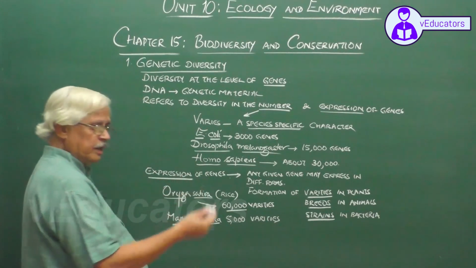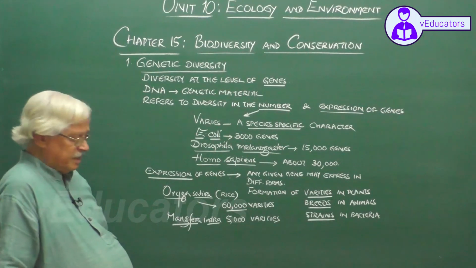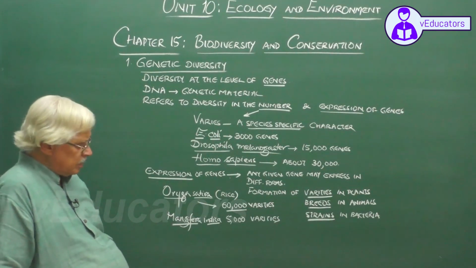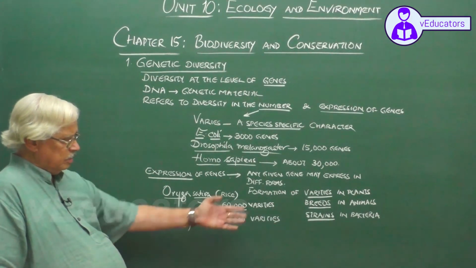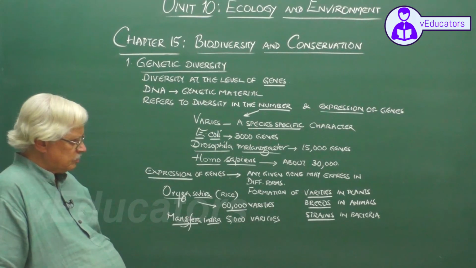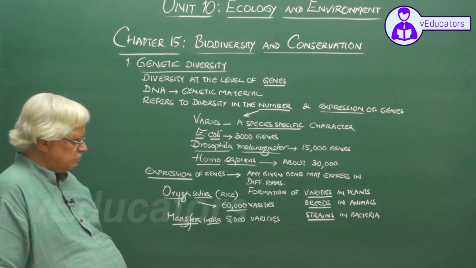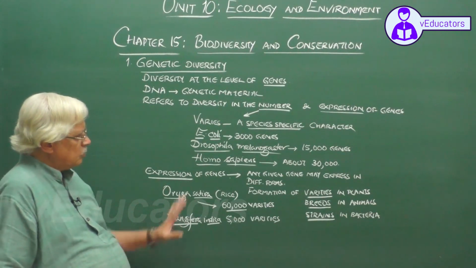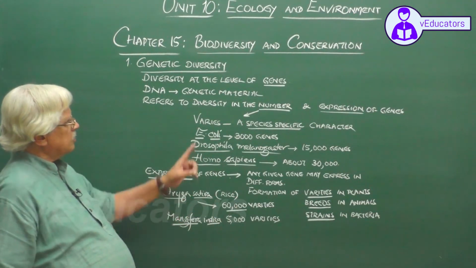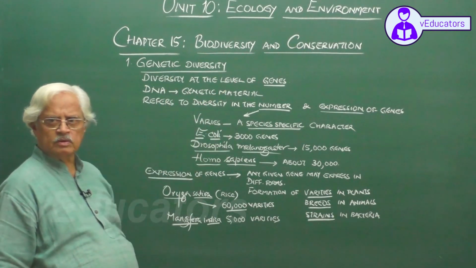Similarly, tomato plant is known to have some 3,000 varieties. In cattle and poultry, we have heard of different breeds within the same species, strains within the same species of bacteria. So this kind of variety that is observed at the level of genes is known as genetic diversity.